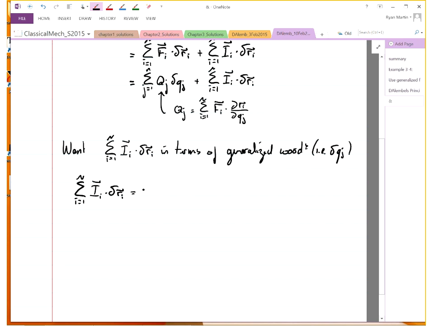So let's explicitly put in the definition of capital I. That's going to be the sum from i equals 1 to N, and capital I, remember, is m_i times the acceleration of particle i, and that's the same as saying r_i vector double dot.